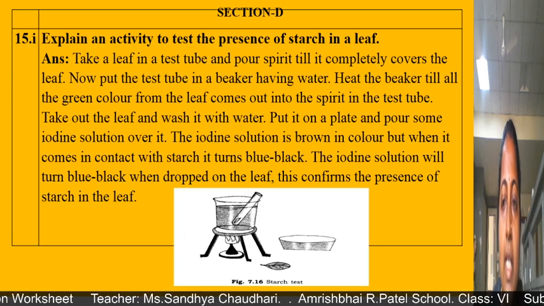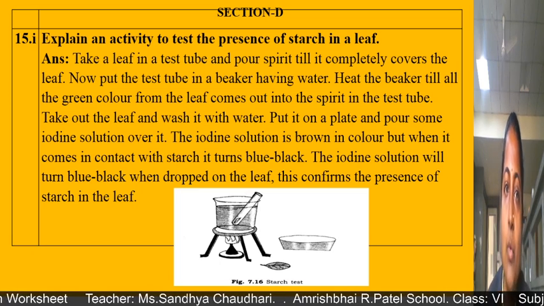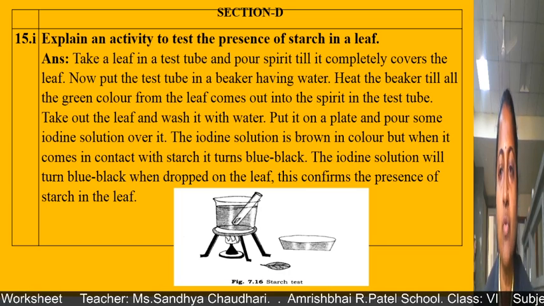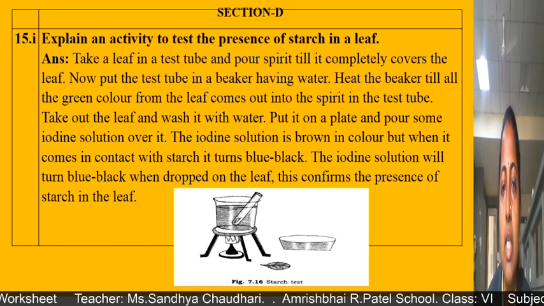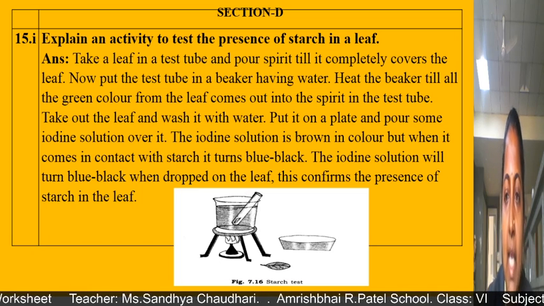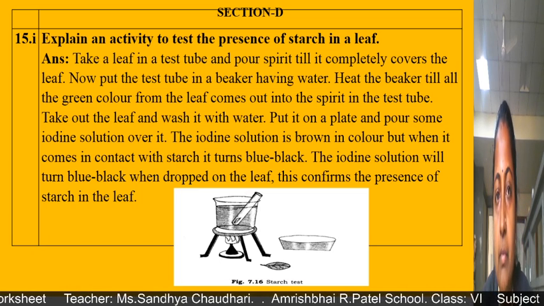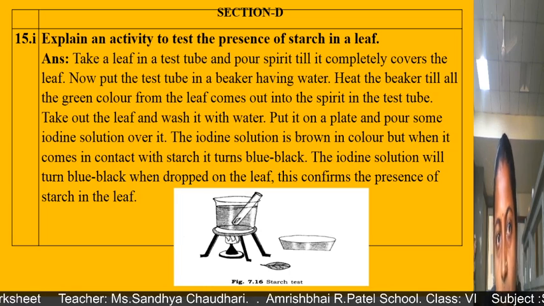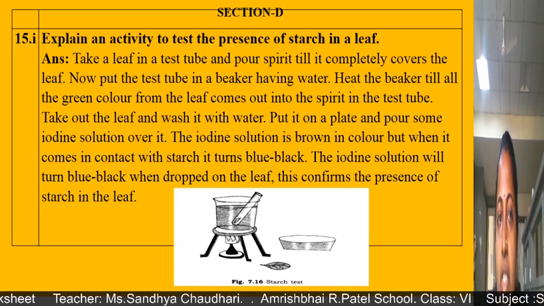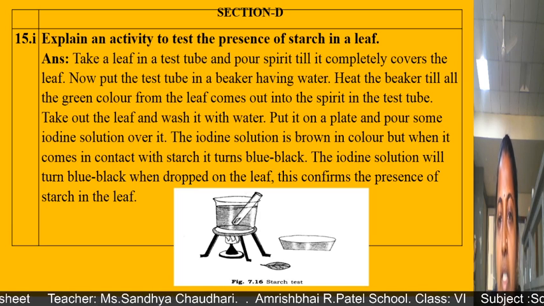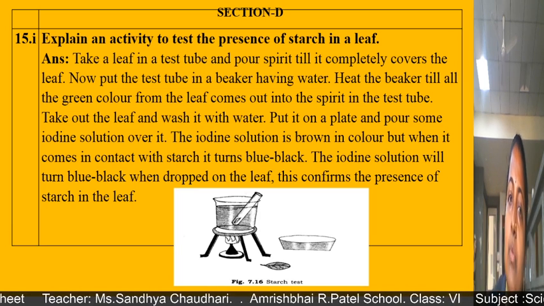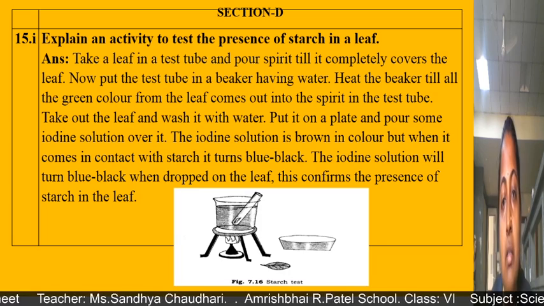Now section D, that will be for 5 marks. Explain an activity to test the presence of starch in a leaf. Children, you have to keep in mind while explaining the activity, explain it in brief. For question 15, the first question will be for 3 marks at least. So in this way you have to explain the full activity.